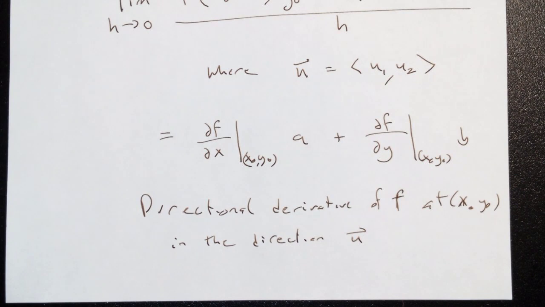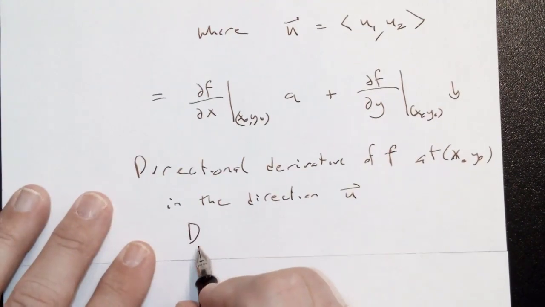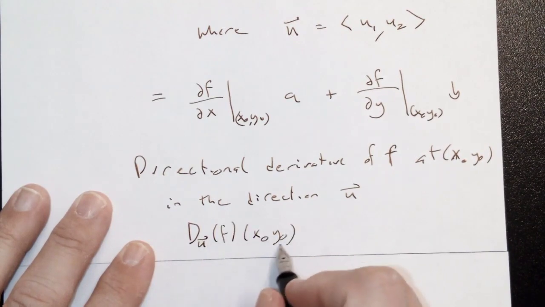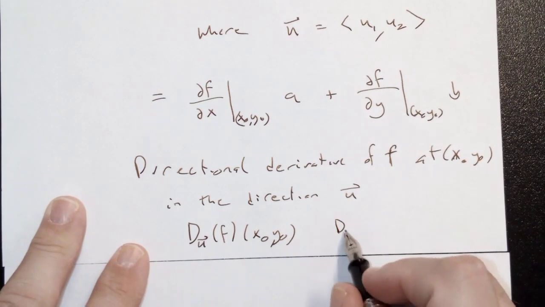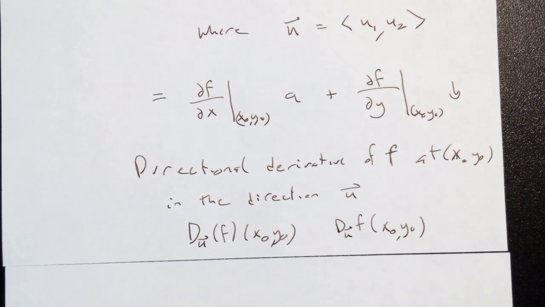The symbol for this is D sub u of f at the point x0, y0. You don't always have to put the f in parentheses. Sometimes you'll see that without this set of parentheses. D_u f of x0, y0. So now I have a new symbol for derivatives. D sub u, where u tells me the direction.